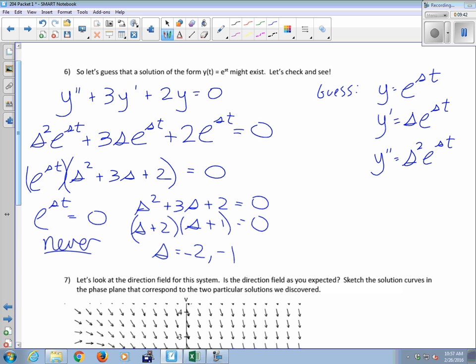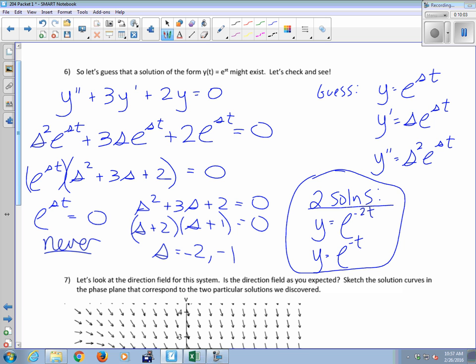There are two values of s, so we've actually found two particular solutions: y equals e to the negative 2t and y equals e to the negative t. Both solve the differential equation.